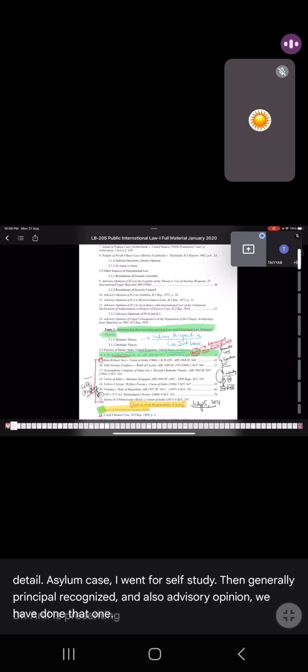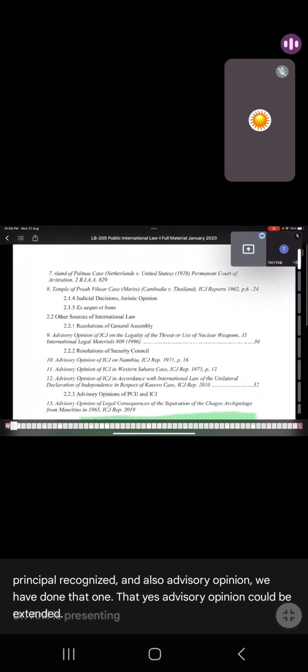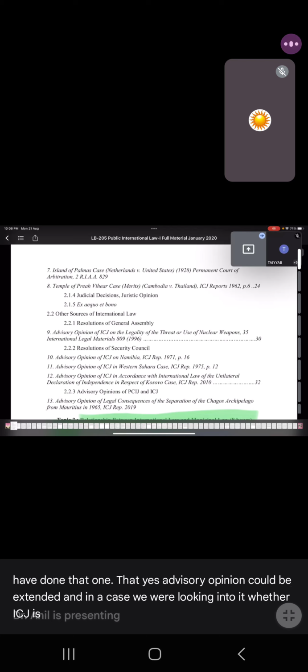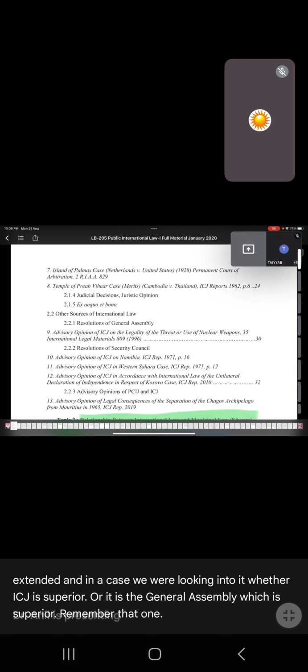Asylum case, I went for self-study. Then general principle recognized, and also advisory opinion, we have done that one. Yes, advisory opinion could be extended. And in a case, we were looking into whether ICJ is superior or it is the General Assembly which is superior. Remember that one?